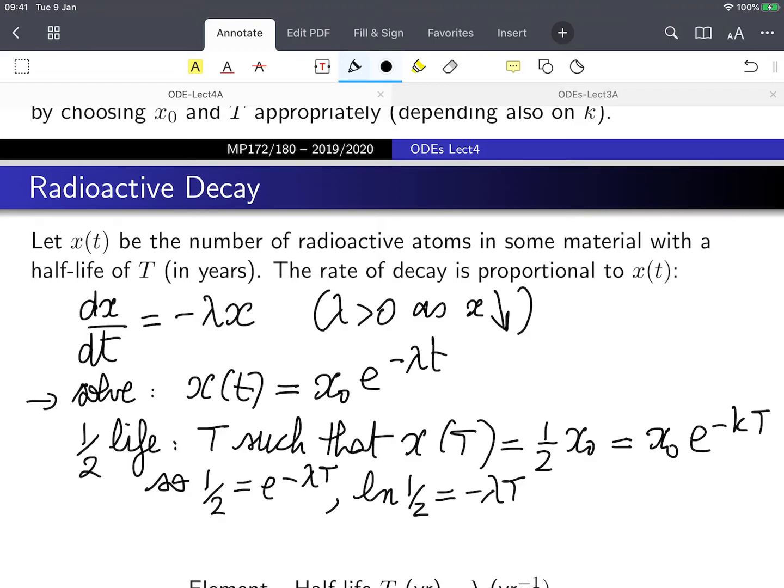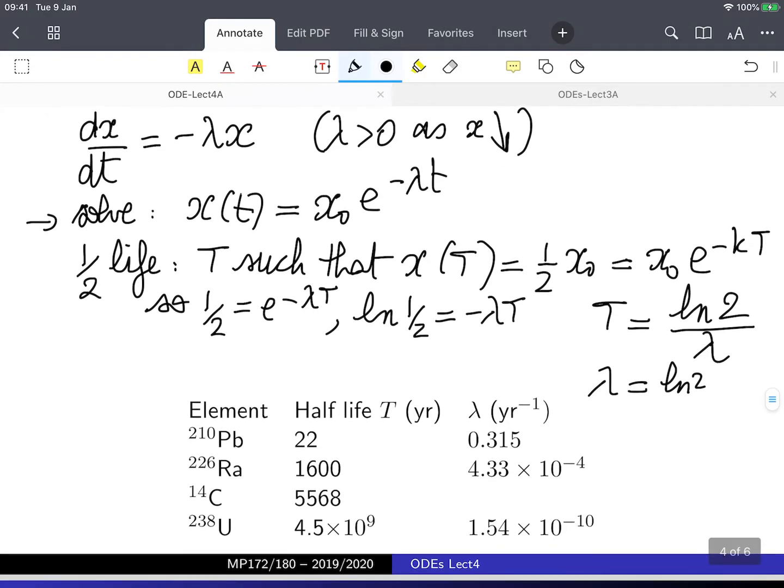Divided by minus lambda, T equals log of 2 over lambda. And conversely, lambda equals log of 2 over T. That's it. That's all there is to it.